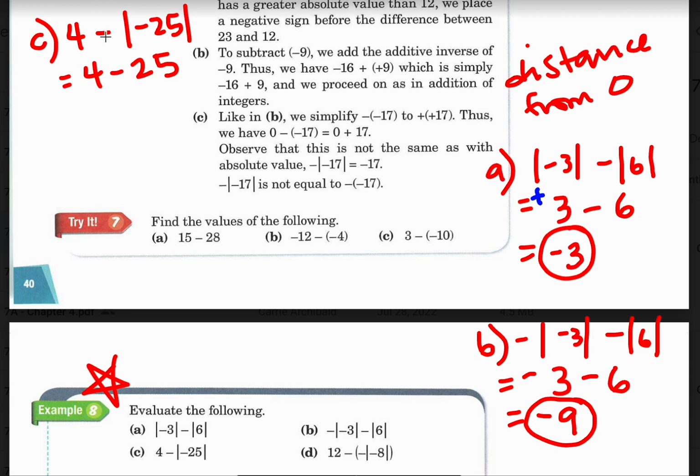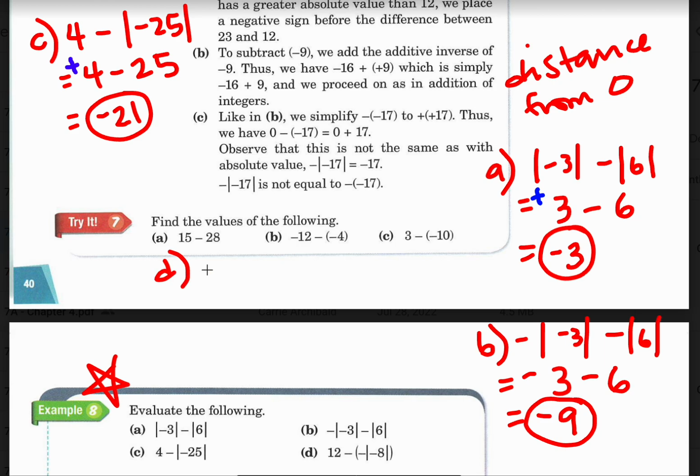That stays the same. That's the subtraction. 4 minus 25. 4 is technically positive, so they are different signs. Different signs means you subtract. 25 minus 4 is 21. Keep the sign of the larger digit. 25 is the larger digit. It's negative. So the answer is negative 21.